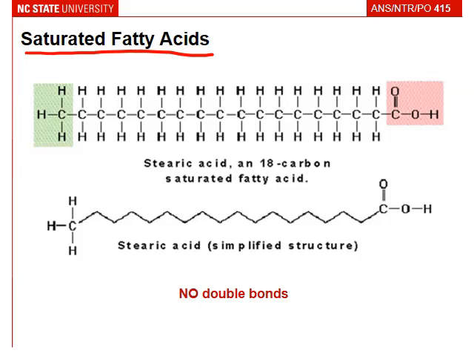So it's a very simple structure. You can see there are no double bonds. We have our methyl end over here, our carboxyl end over here, and a bunch of carbon chains in the middle. And if we remove some of these carbons, we're going to have a different fatty acid. So if we have 16, it's palmitic acid. And if we have only 2, just the methyl end and the carboxyl group, that's acetic acid.